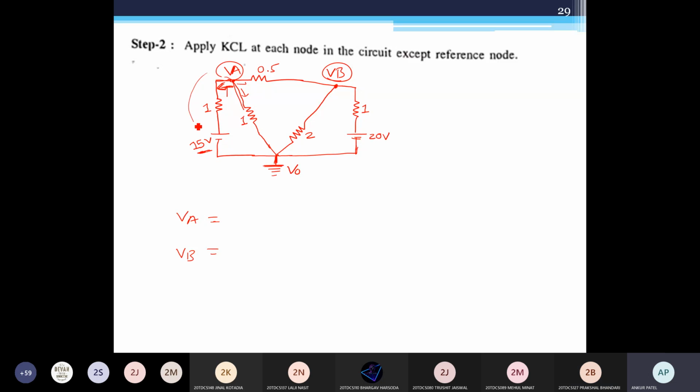We can write VA minus 15 for this. If you have the voltage, here we write VA minus VB. If you are considering this direction, then you can write VA minus 15. If you are considering inward, then you can write 15 minus VA.